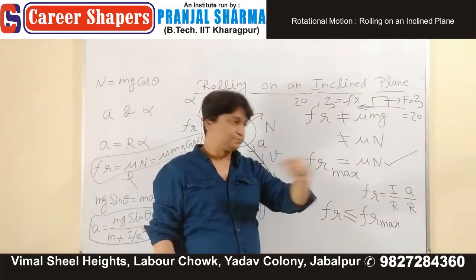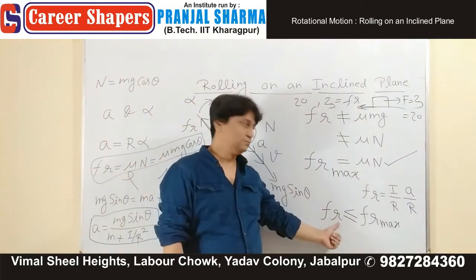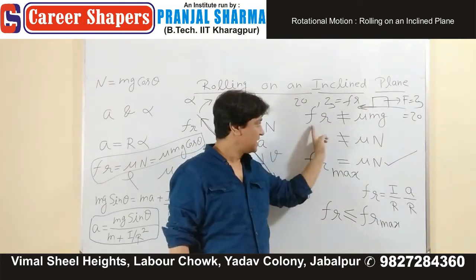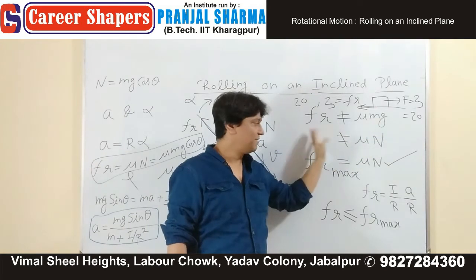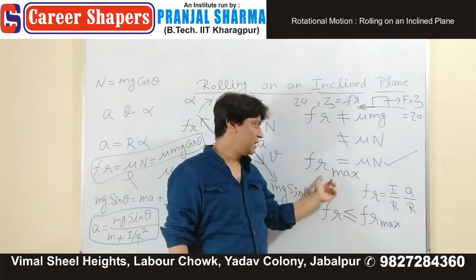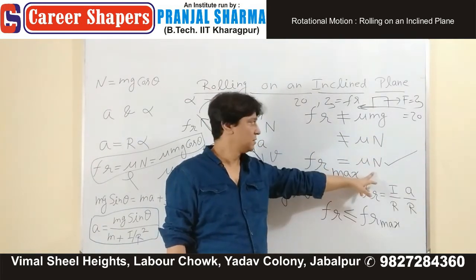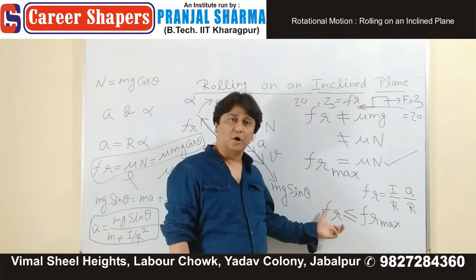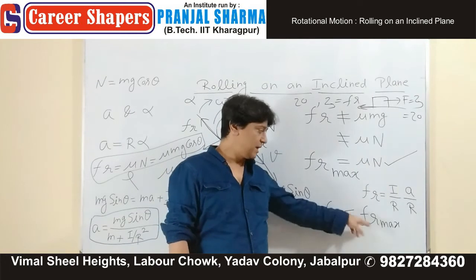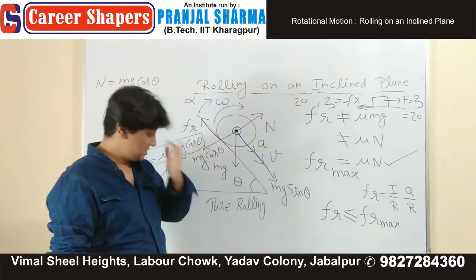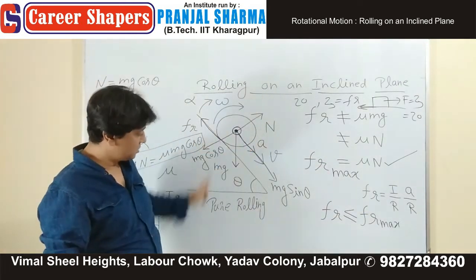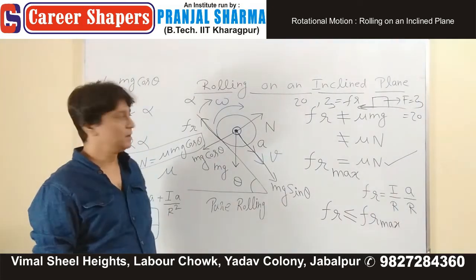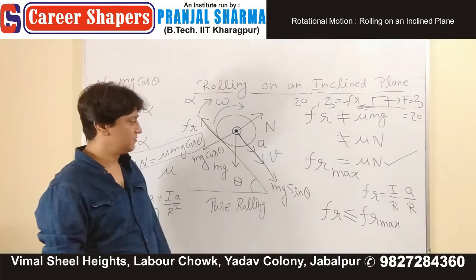So, your friction, and remember, write down everything like this. Fr is not mu mg, Fr is not mu n, Fr maximum is mu n. Friction which is acting on the body is less than or equal to Fr max, because this contact point, due to pure rolling, is not slipping against the inclined surface.